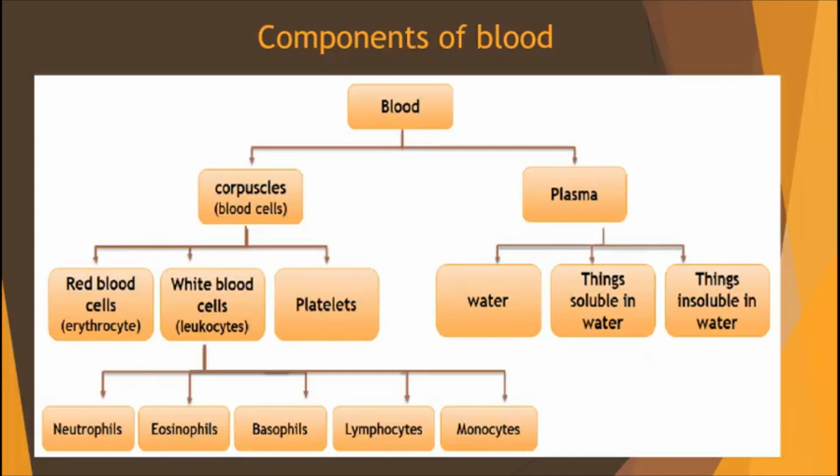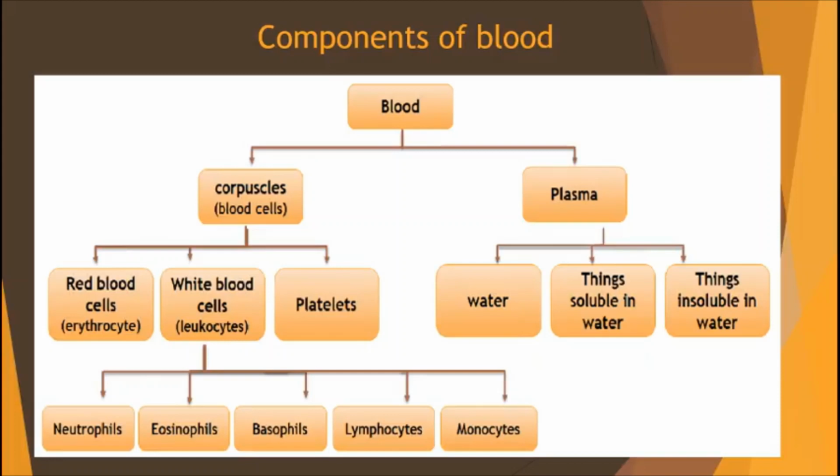Corpuscles can be divided again into red blood cells or erythrocytes, white blood cells or leukocytes, and platelets. There are 5 types of white blood cells. Those are neutrophils, eosinophils, basophils, lymphocytes and monocytes.